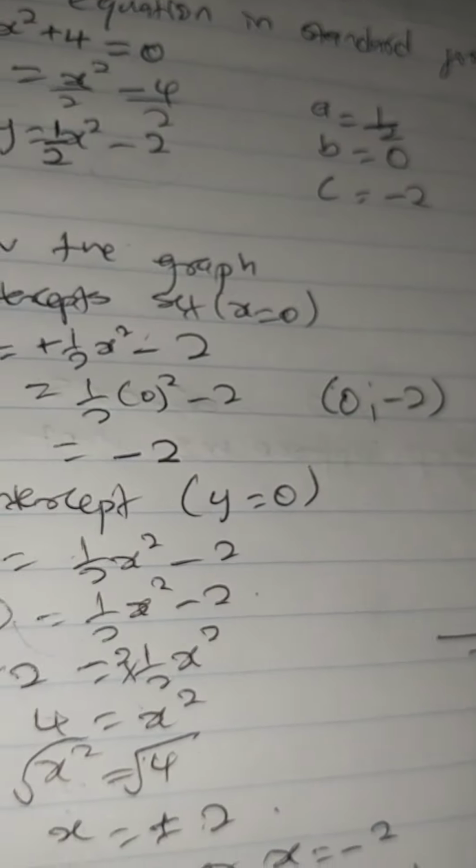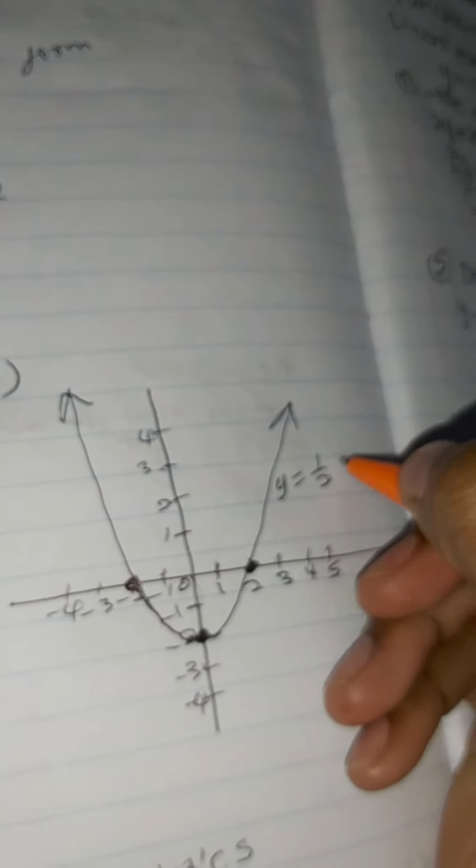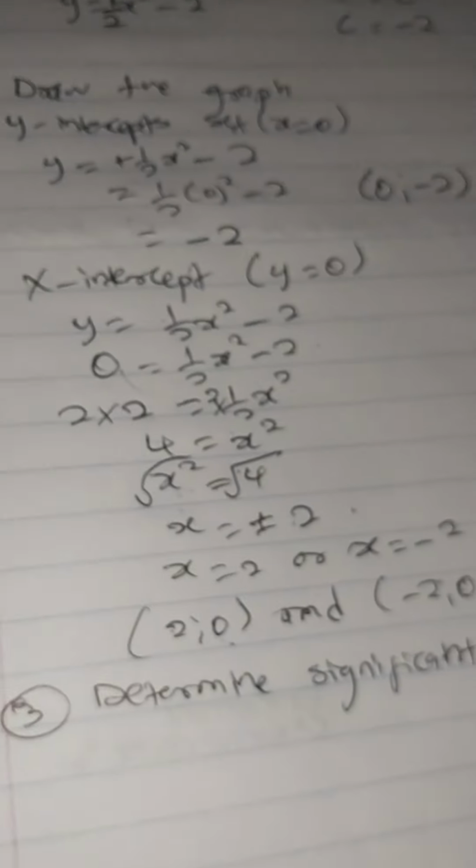So you've got your graph like that, which is the graph of y equals half x squared minus 2. That's your graph. Then the last thing we address is to get the characteristics of the graph.